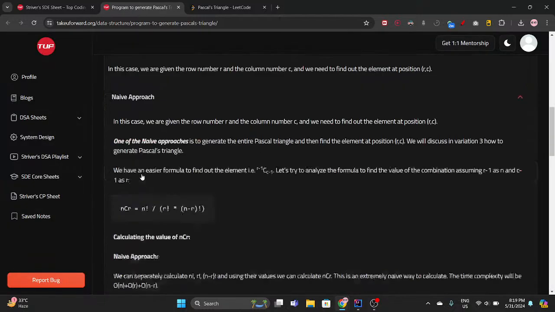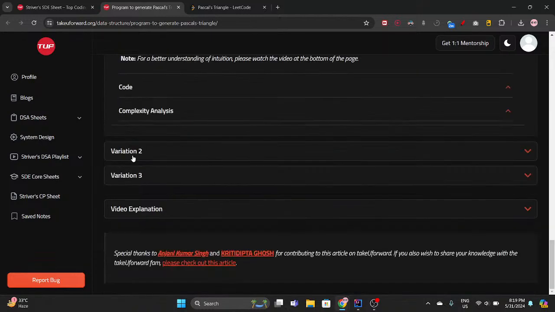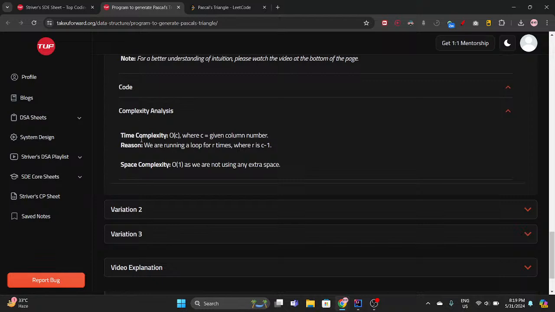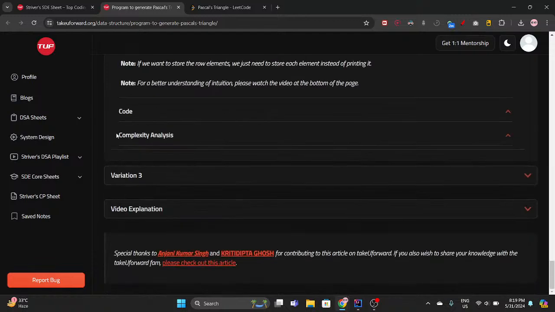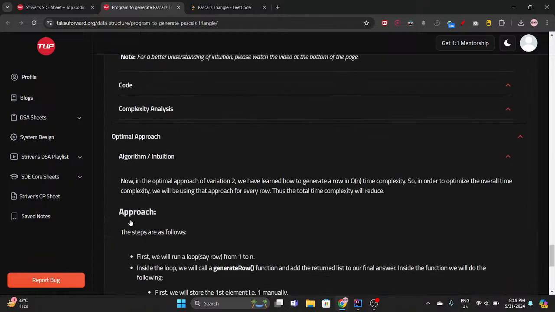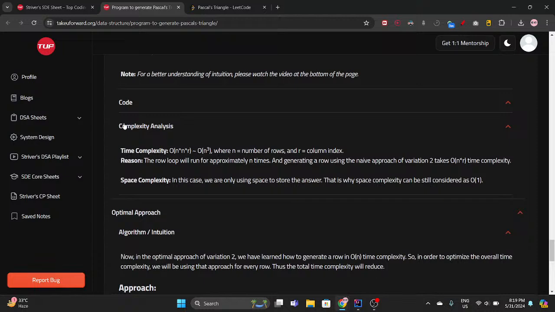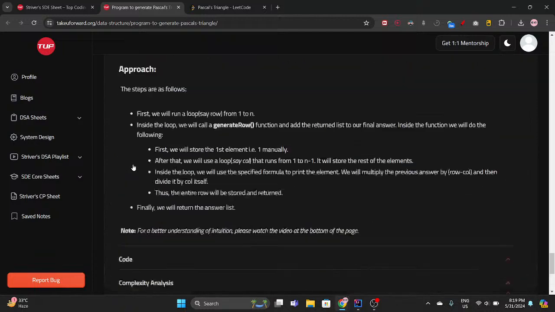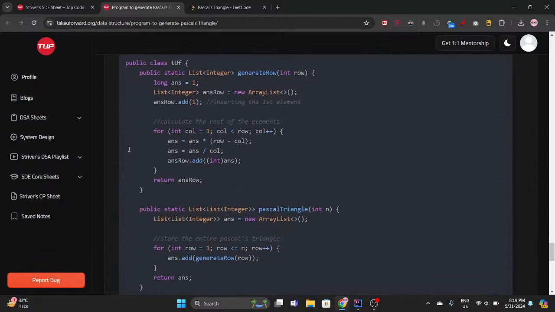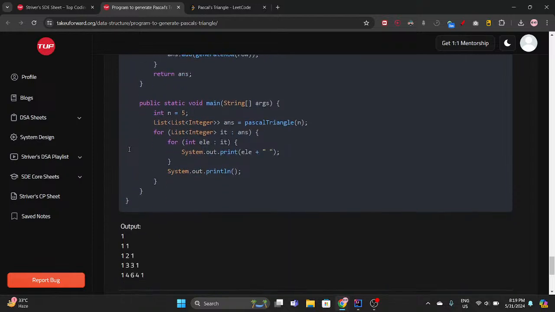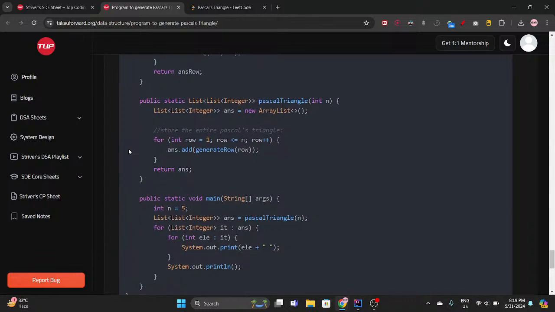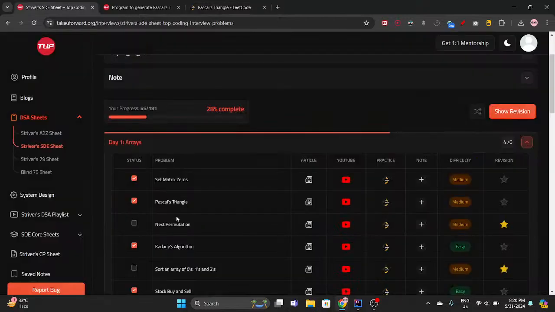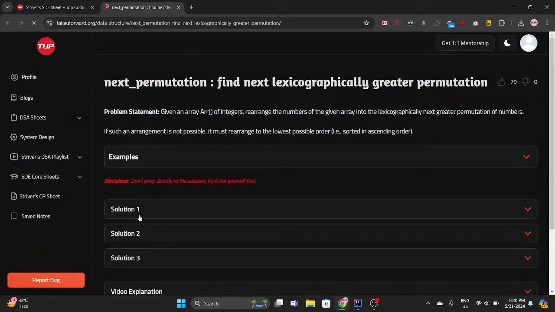Let's see what he has written for the time complexity. This is my approach, you can see yours. Let's not waste time on everything.